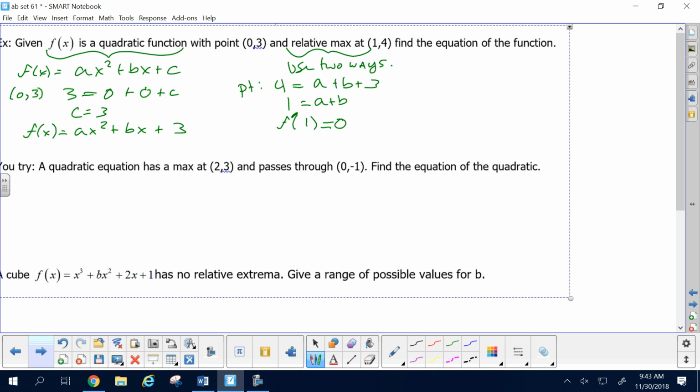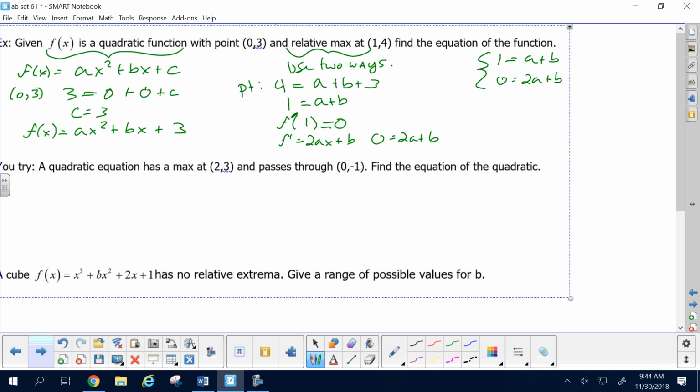Using that fact, obviously we'll need f prime. f prime is 2ax plus b, right? And so if I use 0 and 1, then I get 0 equals 2a plus b, correct? Together that sets up a system of 1 equals a plus b, and 0 equals 2a plus b.